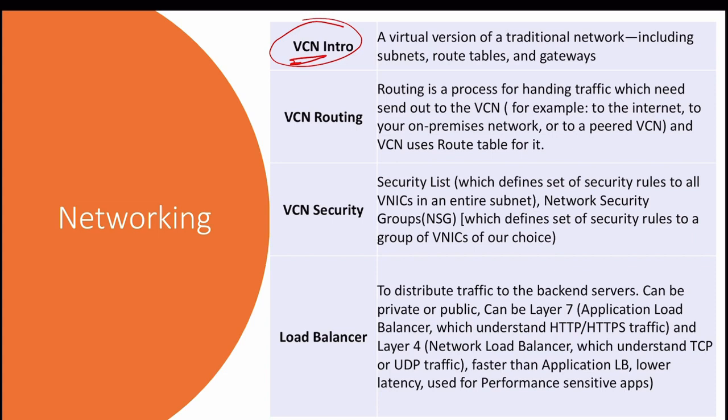It's a virtual version of a traditional network, like we have routers, switches, and subnets. Similarly, in the cloud it's a virtual version of what we have on premises. It includes subnets and route tables, which help us send the traffic where it needs to go, and then we have the gateway that helps us communicate between two different types of network.